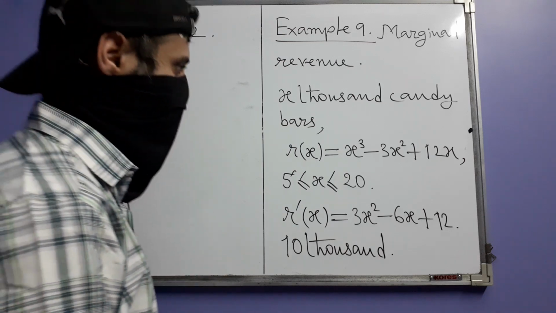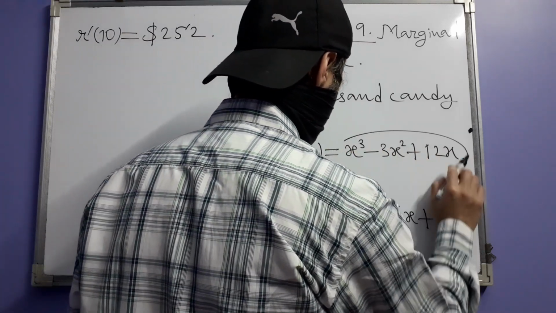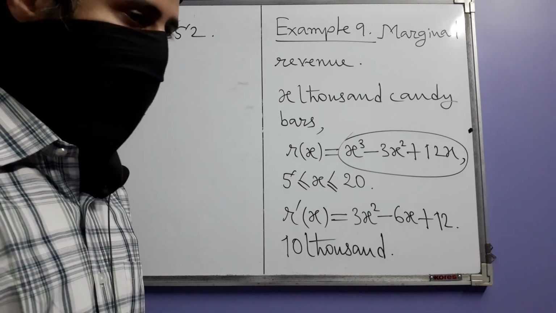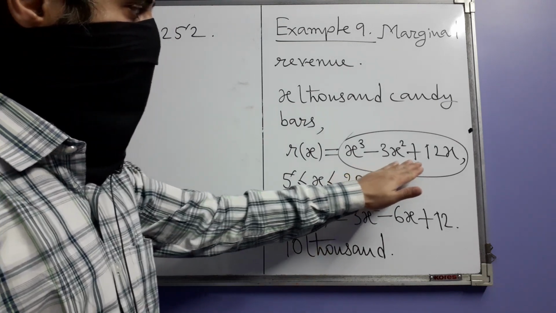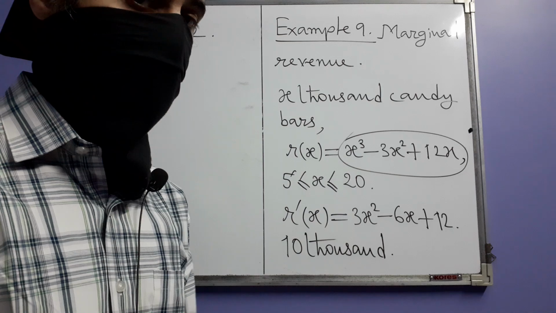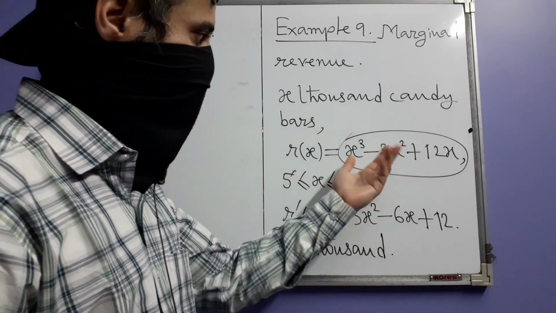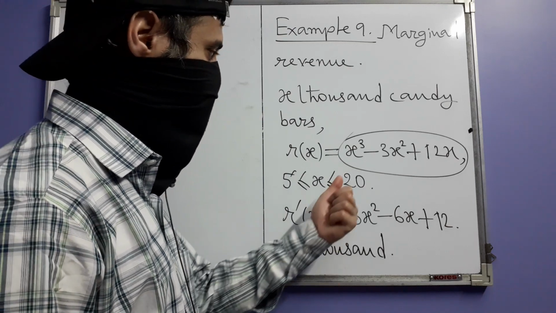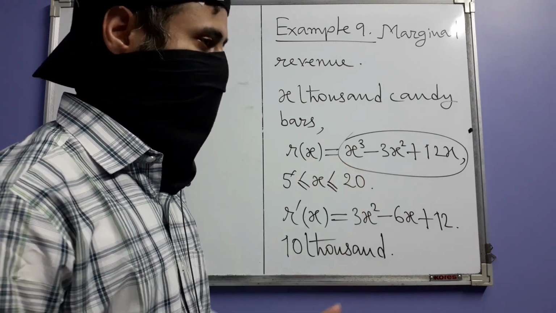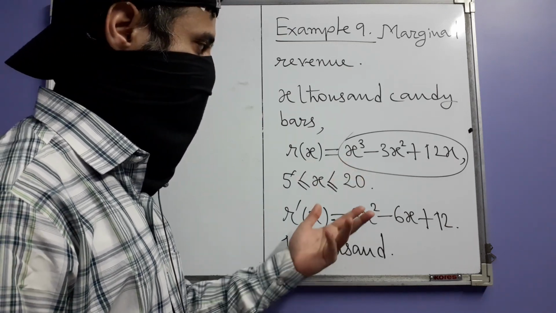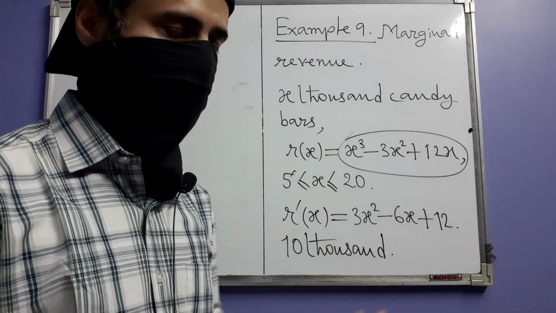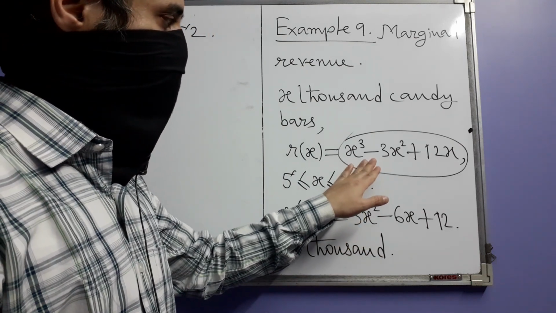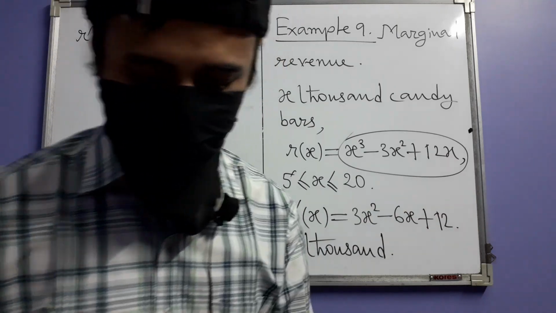Now you may have noticed one last thing, that these costs and revenues are being expressed as polynomials in the variable x, whatever that represents. That is, it may represent sale or it may represent the level of production. Why only polynomials?